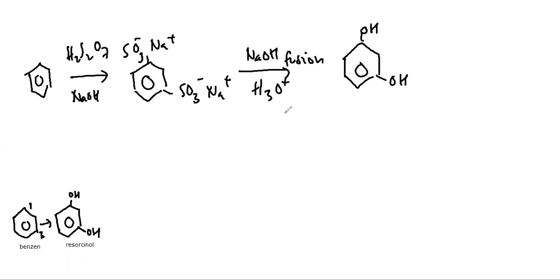The thing you need to understand in this situation is that you have to add H2S2O7 and NaOH at the same time, because these two are important: NaOH donates the OH minus, and the other will help the transformation from benzene to the desired product that we want to have.